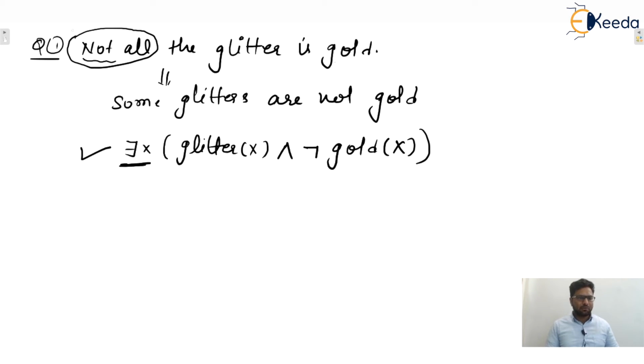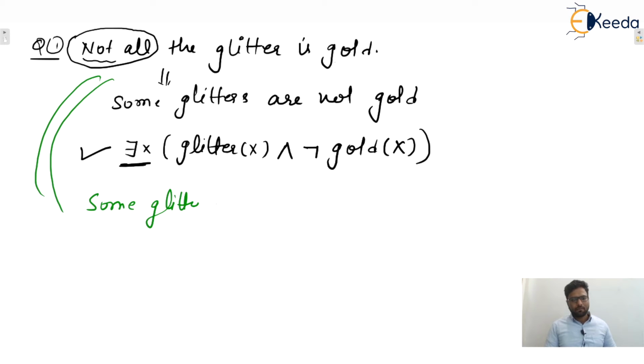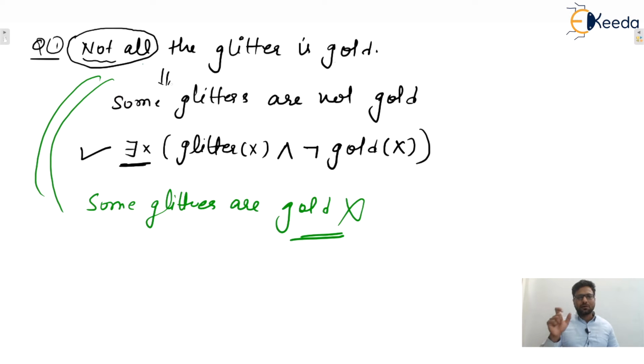Some student can ask the query: sir, can we write that some glitters are gold? No, we cannot write like that. Not all the glitters is gold does not mean that some glitters are gold. It means some glitters are not gold.